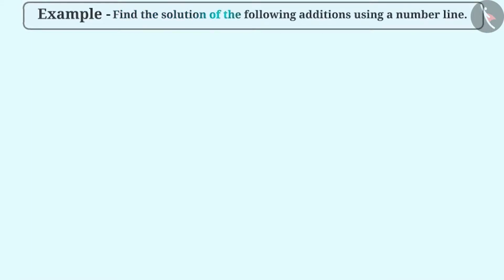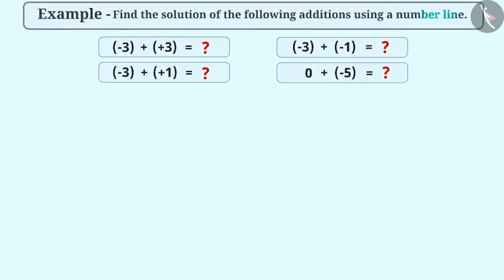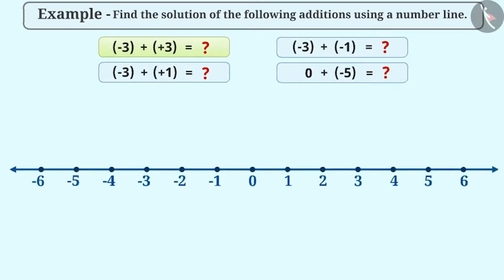Next example. Find the solution of the following additions using a number line. For addition of -3 and +3, draw a number line of integers. The first integer is -3. Here, the negative sign shows we need to move to the left from 0, and the number shows the number of steps to be moved.